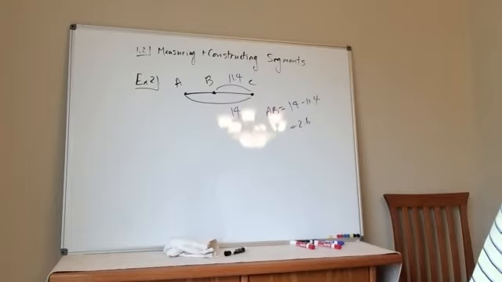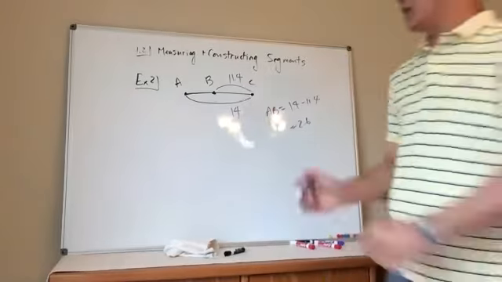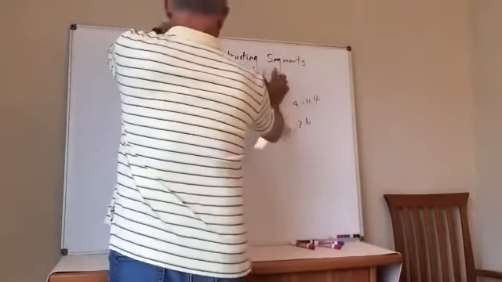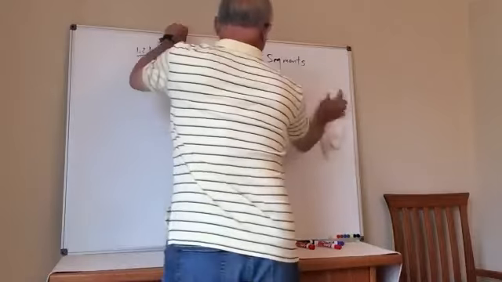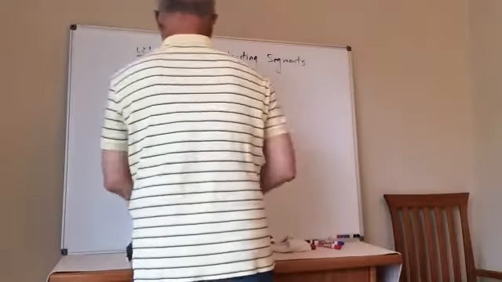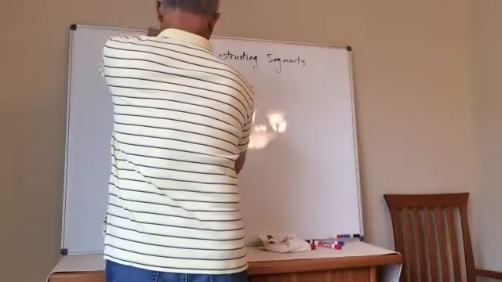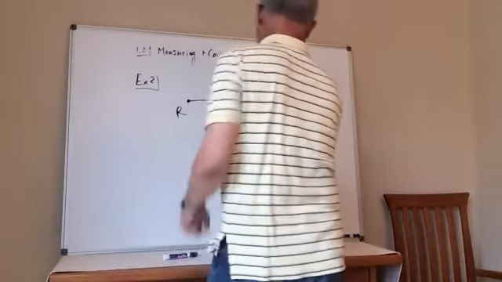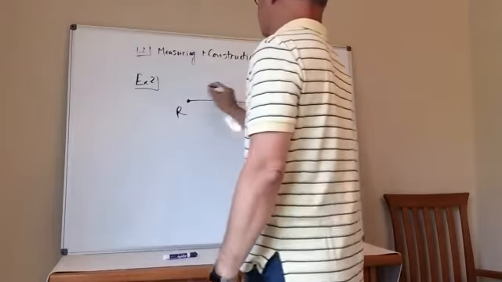B. Okay, this is a little more complicated. S is between R and T. So on this one, we have R, T, and then we have an S guy here.